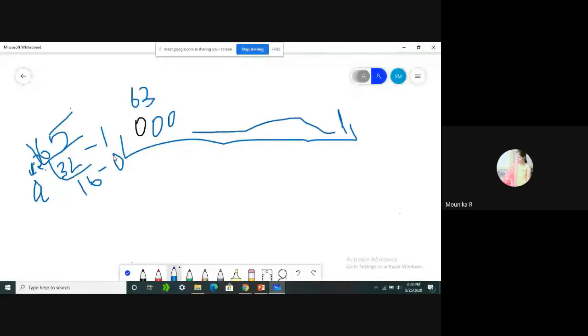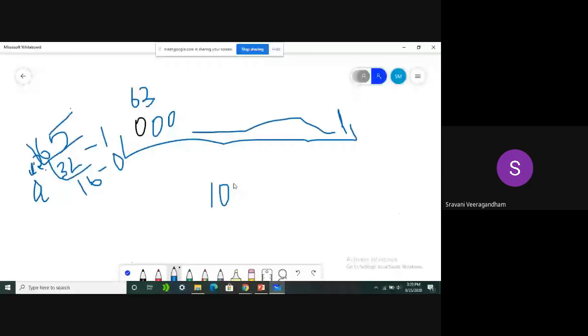Clear all of you? Okay, the 65 representation, what is its value? Positions 6, 5, 4, 3, 2, 1, 0: 2 power 0, 2 power 1, 2 power 2, 2 power 3, 2 power 4, 2 power 5, 2 power 6.